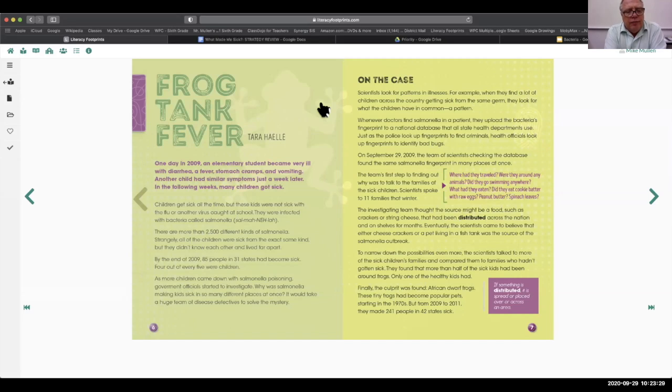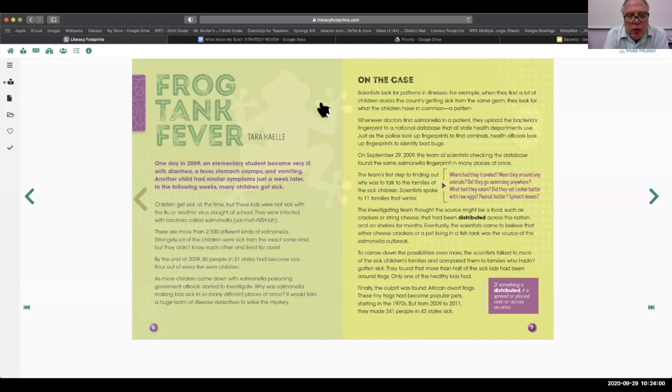Frog tank fever. One day in 2009, an elementary student became very ill with diarrhea, a fever, stomach cramps, and vomiting. Another child had similar symptoms just a week later. In the following weeks, many children got sick. Children get sick all the time, but these kids were not sick with the flu or another virus caught at school.